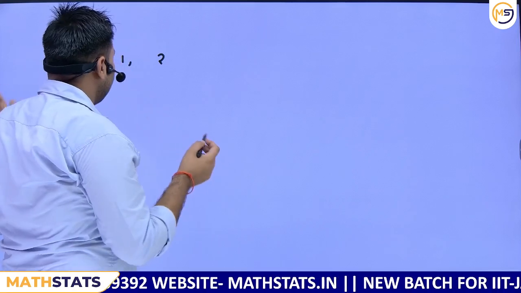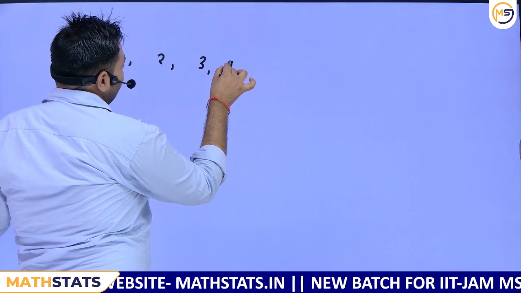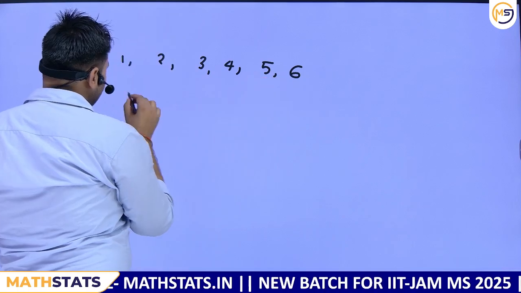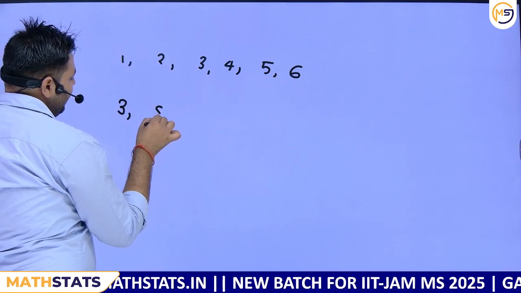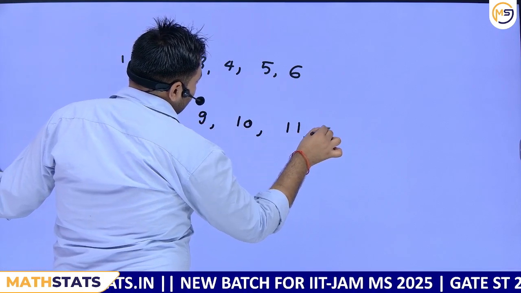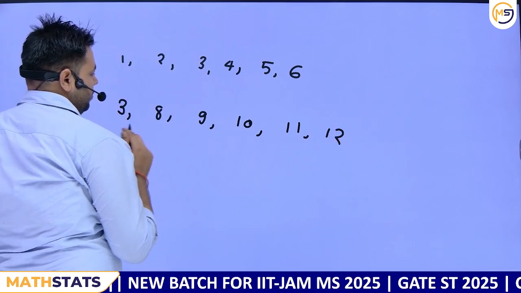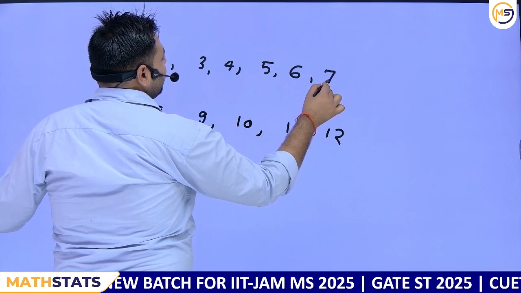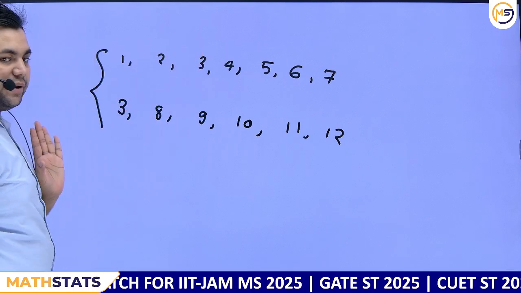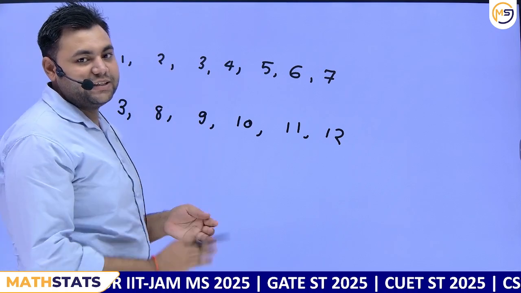Suppose we have the data 1, 2, 3, 4, 5, 6, and a second series 3, 8, 9, 10, 11, 12, and here you added 7. So now these are 2 series: the first is an odd number of observations, the second is even. How can we find the quartile in these series?